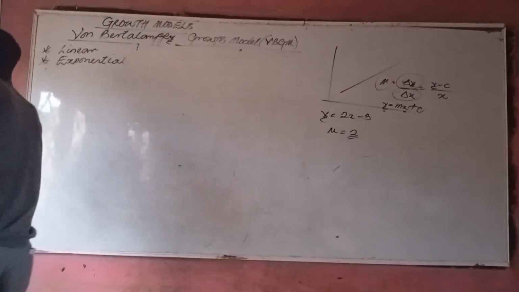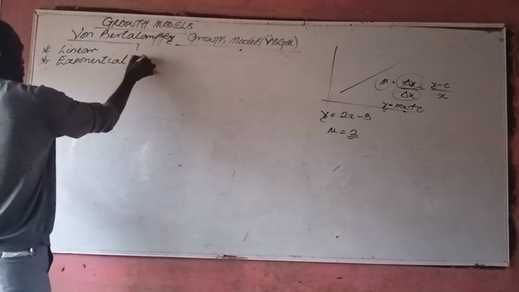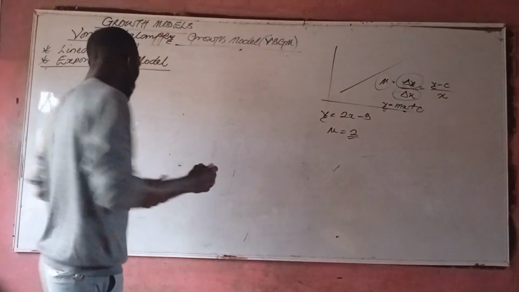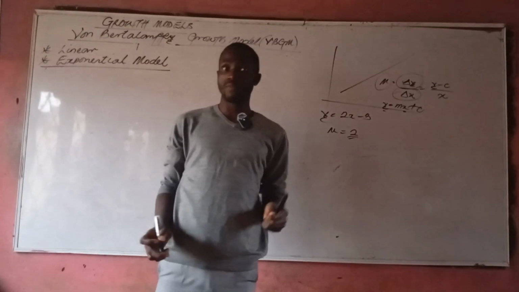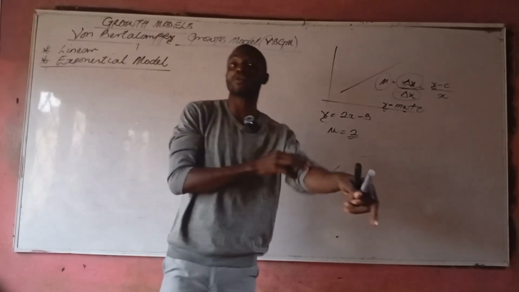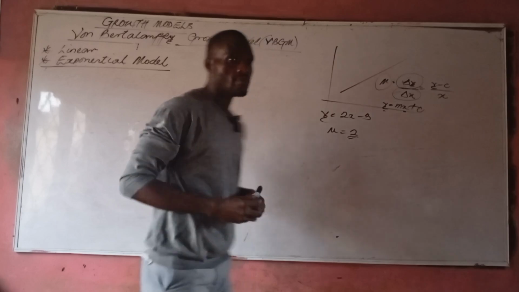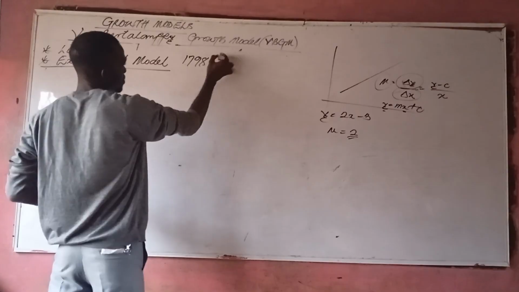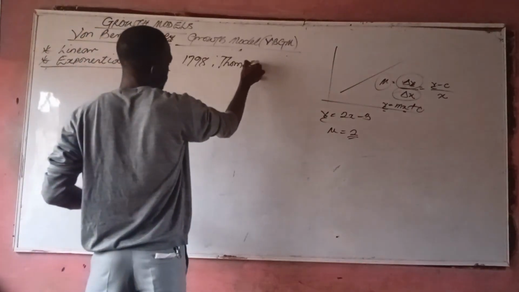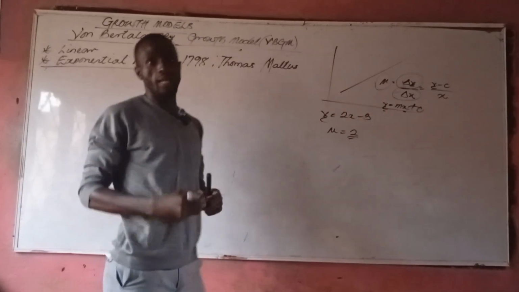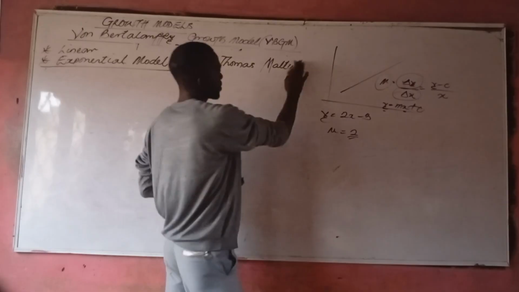Now, what does the exponential model idealize? The exponential model wasn't exactly developed by him alone, but his idea for the integration of the exponential model into population came in 1798 by Thomas Robert Malthus.